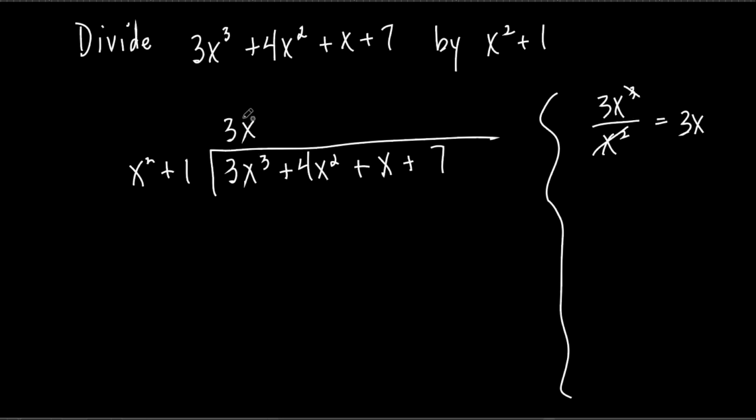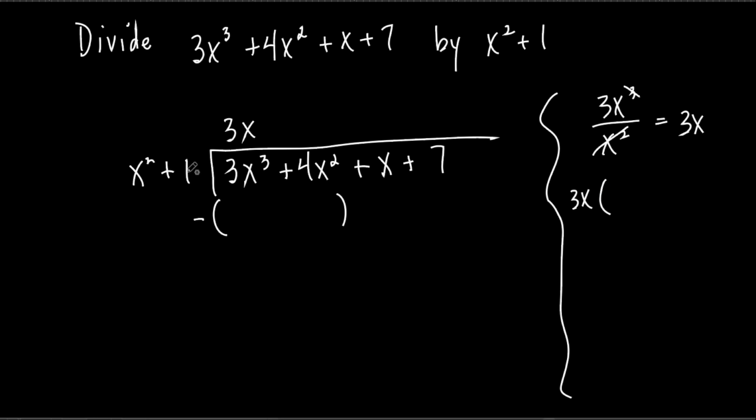Now, what are we going to do with that 3x? I'm going to multiply it by x squared plus 1, and then I'm going to subtract it. It's just the distributive property. If you want, you can do it off to the side. After you get used to this, you may not have to. I'm taking 3x and multiplying it by both of these things.